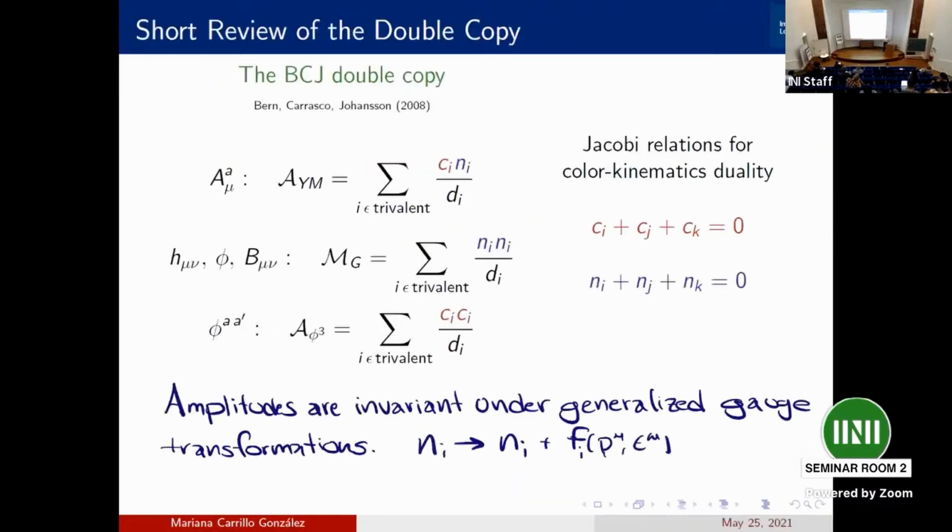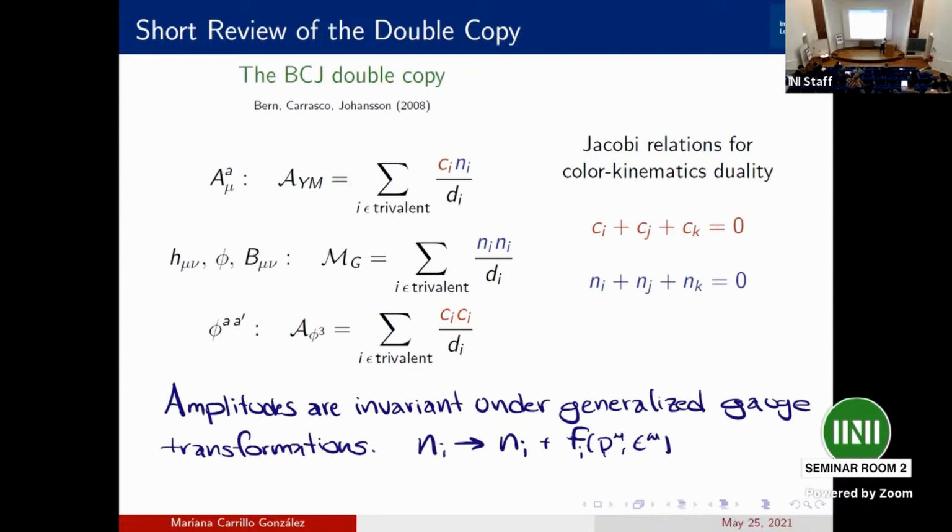So let me just give you a short review and introduction of what we call color-kinematics duality and what this squaring procedure is. We're going to be looking at scattering amplitudes, starting with a Yang-Mills field here. These scattering amplitudes can be written as a sum over trivalent graphs, where I'm going to split color and kinematics in different areas.